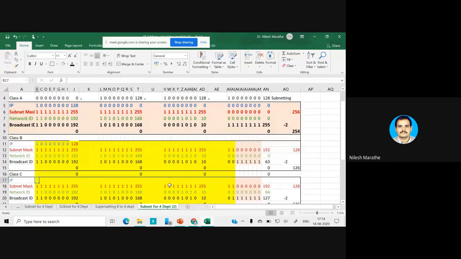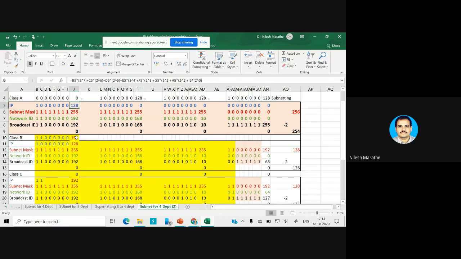Class C. The last one will be 191. So class A starts from 0 till 127.